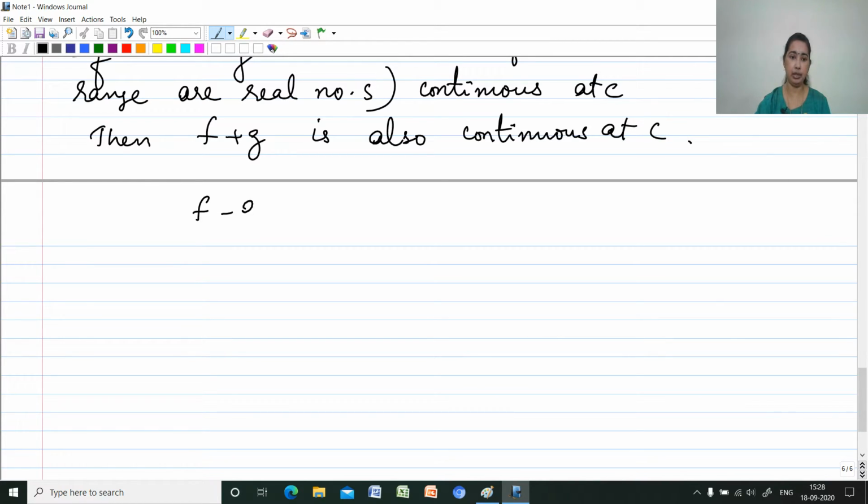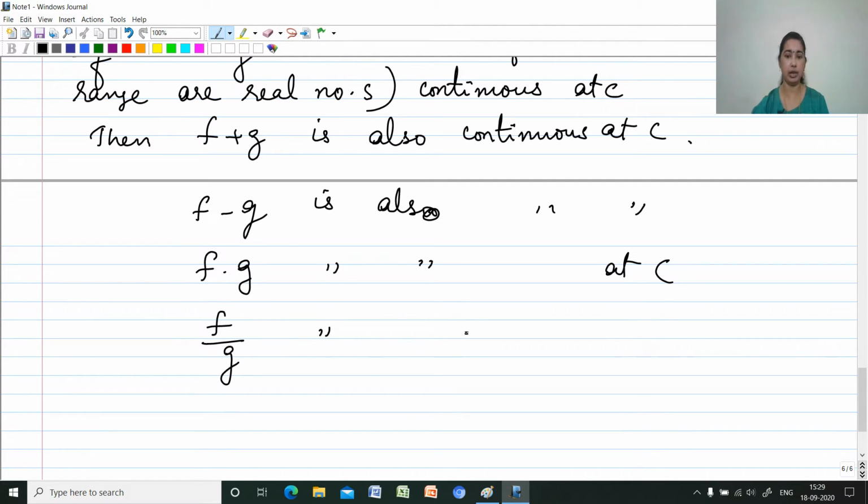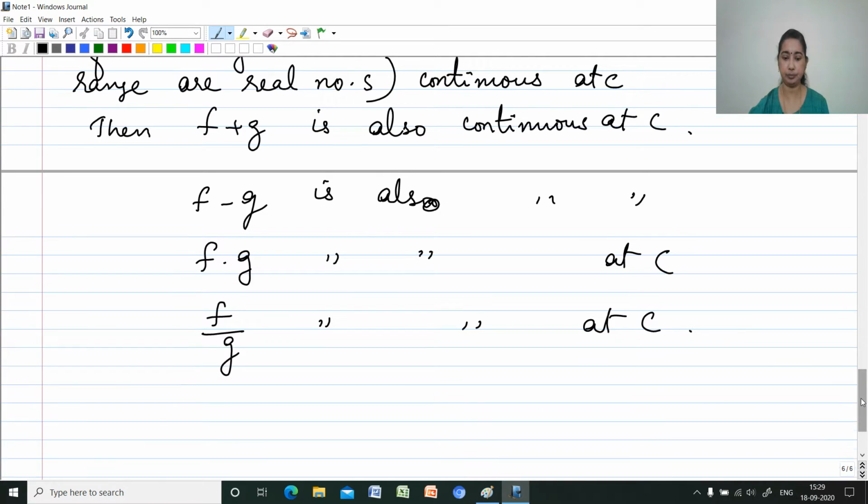Then f minus g is also continuous at c. Then f into g is also continuous at c. Same way f divided by g is also continuous at c. So if f and g are two continuous functions, then all these operations can be done. These all will be continuous at the given point.